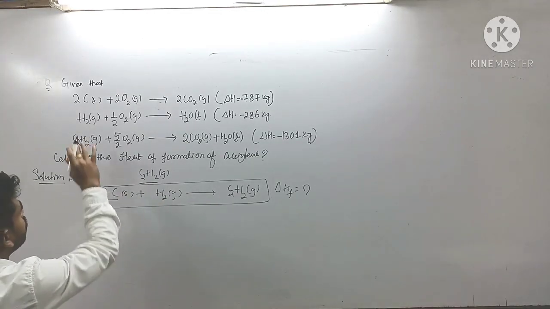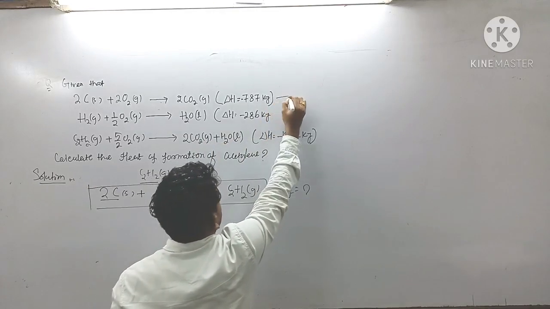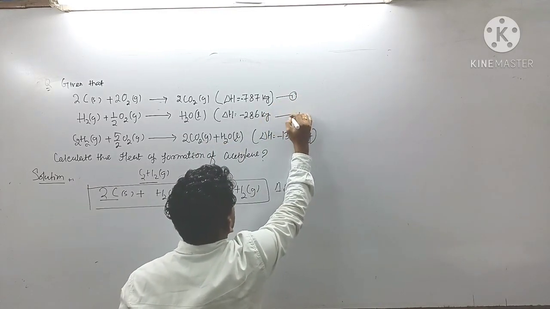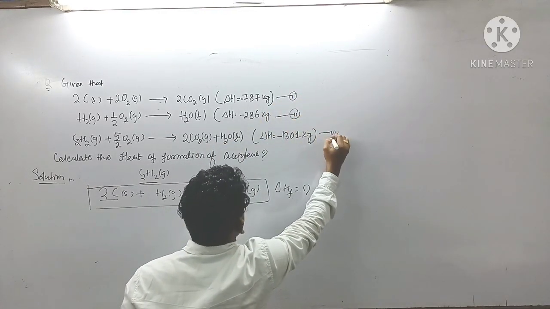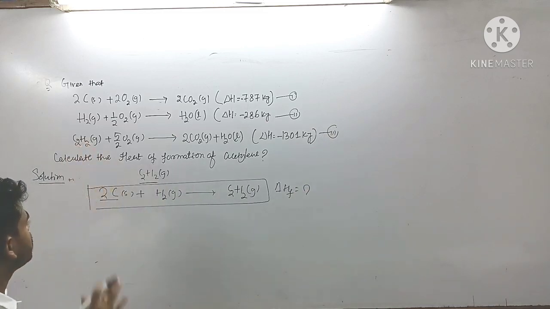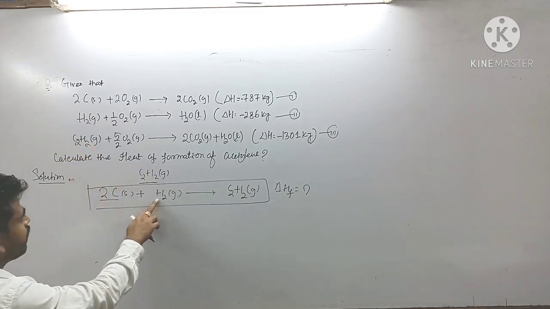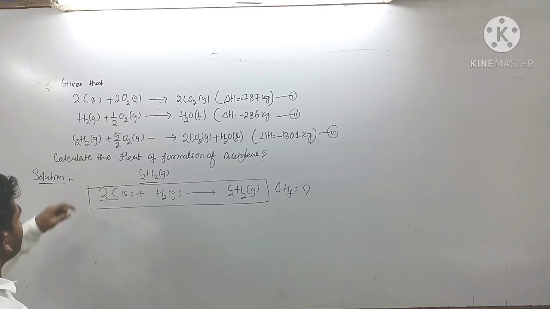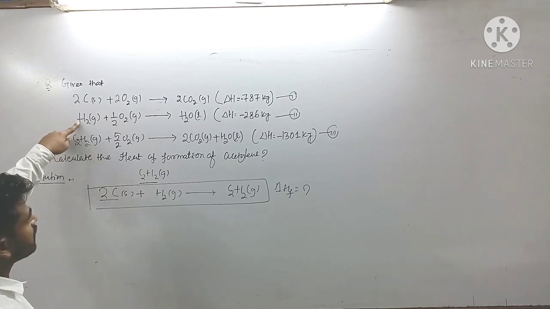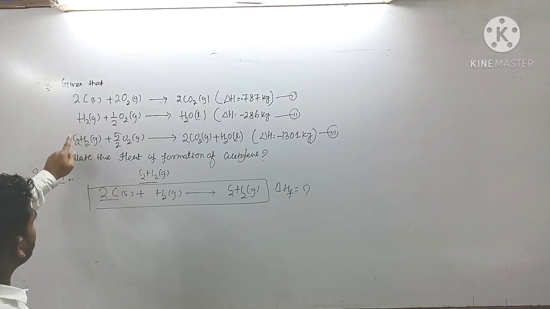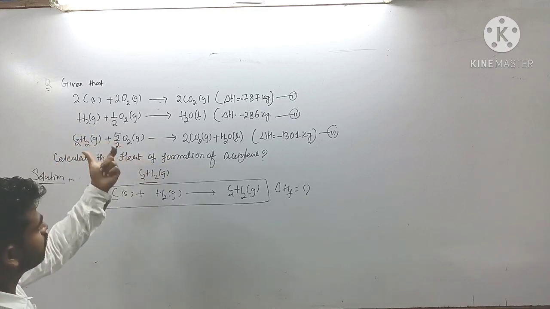Equation 1 will be like this. This one is, let's say, equation 1, equation 2, and this one is equation 3. So 2C already there, and I need 1 H2, and here 1 H2 is there. So you just add equation 1 and 2, and C2H2 you have to reverse this equation.